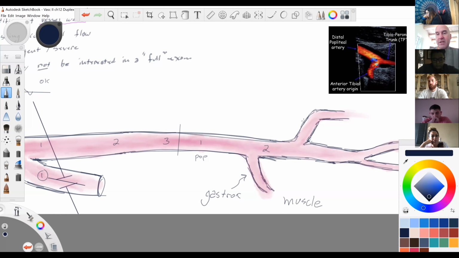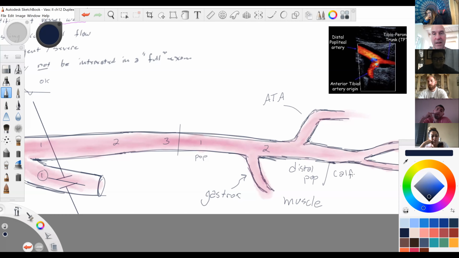And then you have your anterior tibial artery. Now, this is going to be distal pop or calf. All right, this gets a little harder to find.